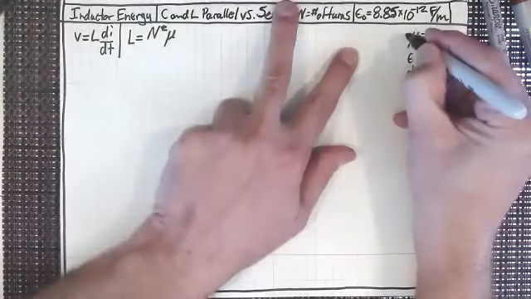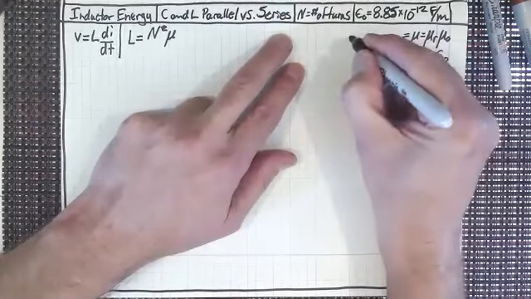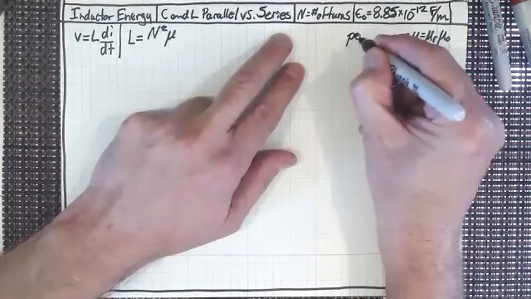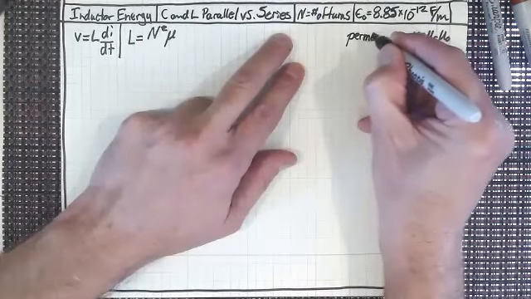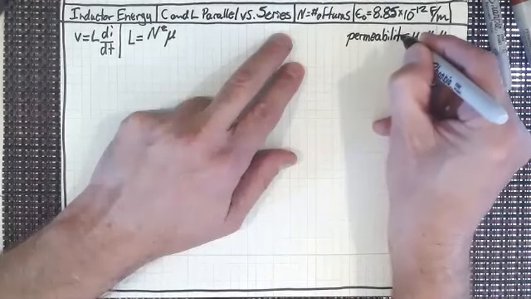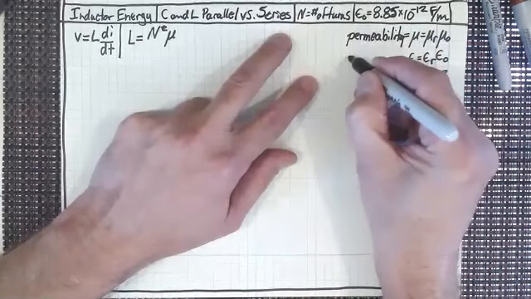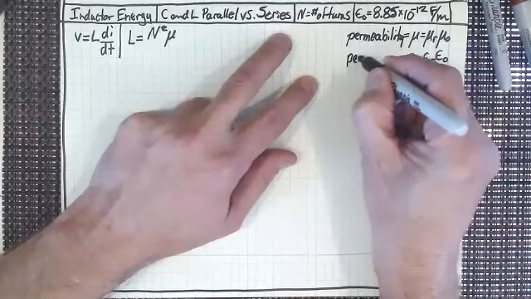This is the same thing. This is permeability. Permeability is to magnetic fields or to magnetism what permittivity is to electric fields.